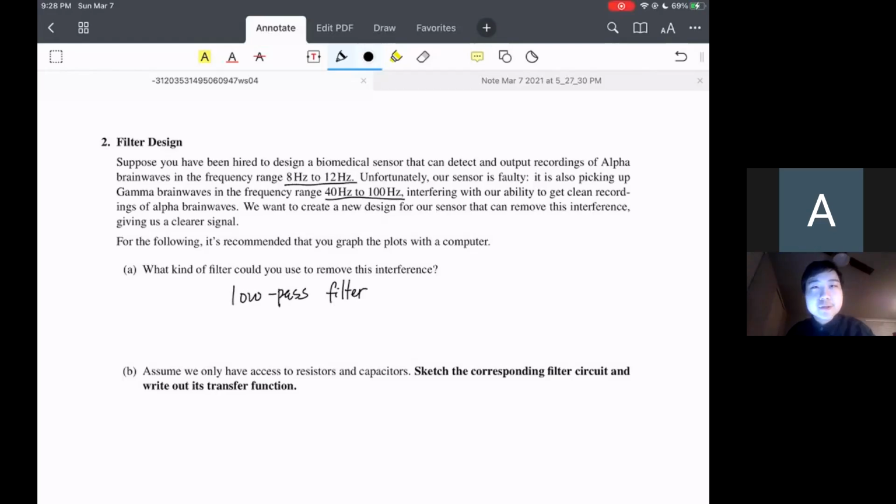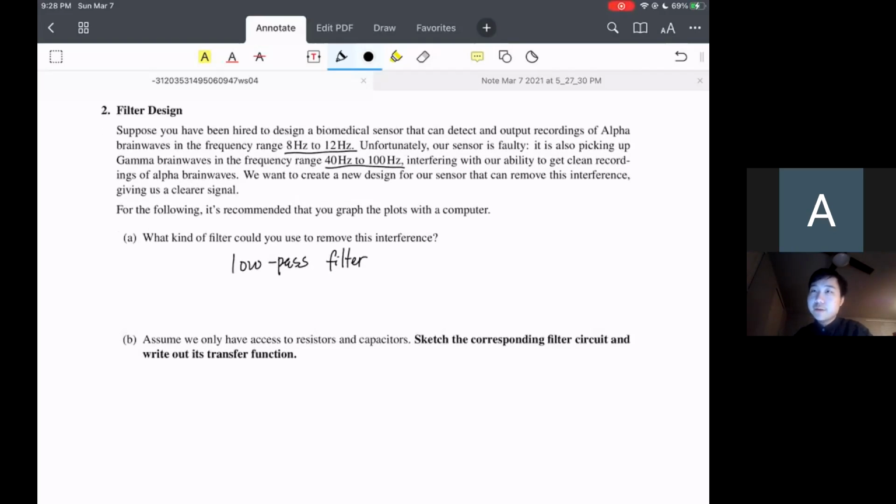Okay. So for part B, we're assuming that we only have access to resistors and capacitors, and we want to sketch the corresponding filter circuit and write out its transfer function. So we know to build a low pass filter using resistors and capacitors, what we're going to do is build an RC circuit.